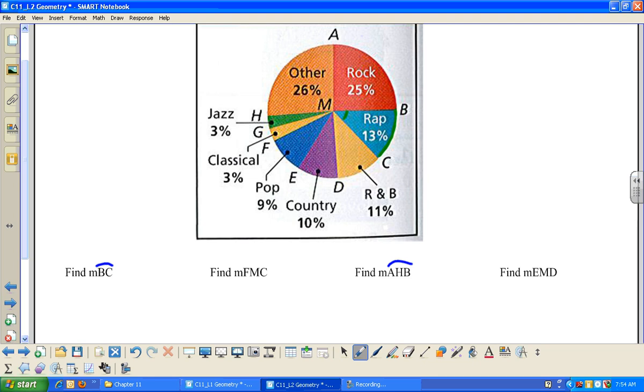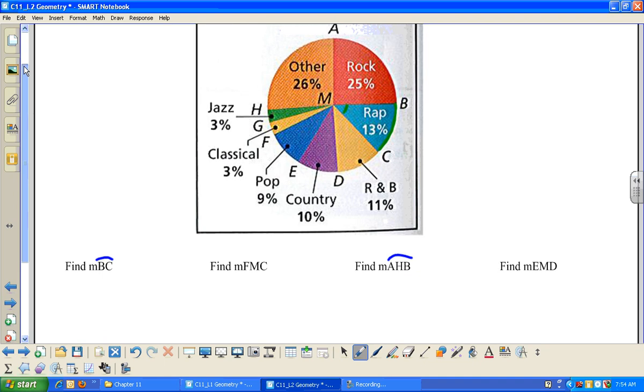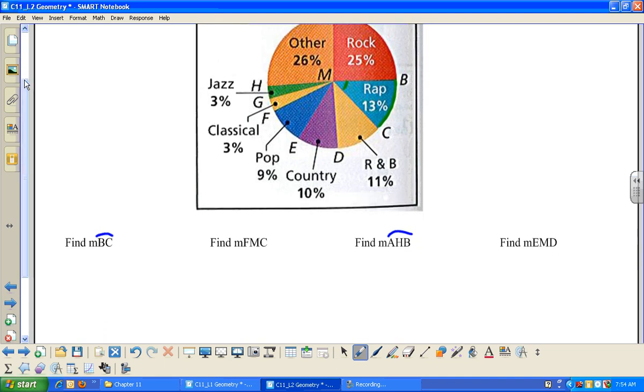There are 360 degrees in a circle, and arc BC is 13% of that circle. Writing 13% as a decimal, it's 0.13. So 360 times 0.13 would be 46.8 degrees. And again, arcs are labeled in degrees.